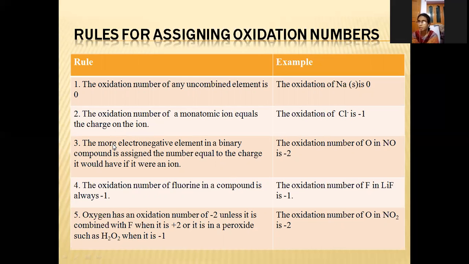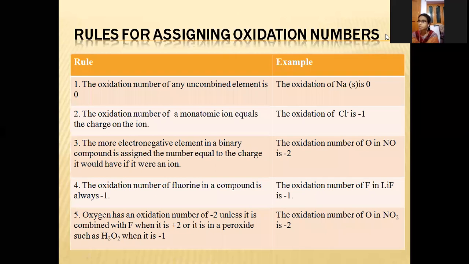And the more electronegative element in a binary compound is assigned the number equal to the charge it would have if it were an ion. So the oxidation number of the oxygen in nitric oxide is minus 2.